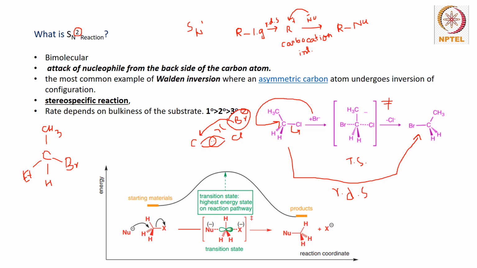Whenever a carbon is asymmetric, it has 4 different bonds, it will have a stereochemistry, R or S. I think it has already been taught in class 12 in school. I think you know how to determine R or S.